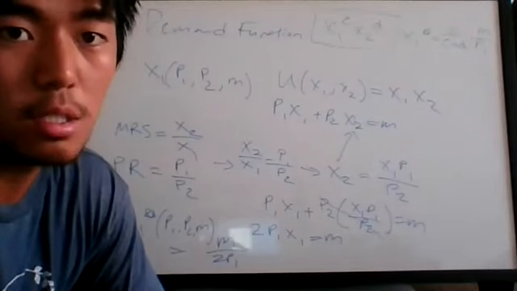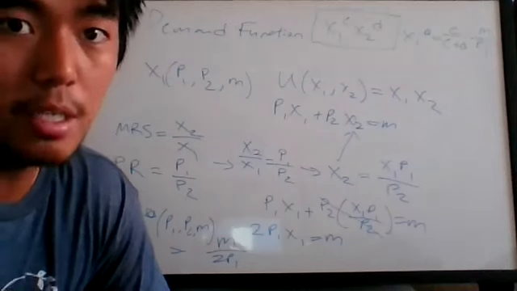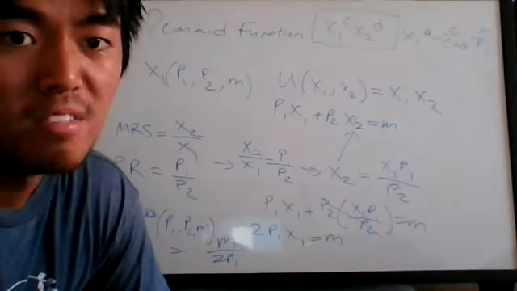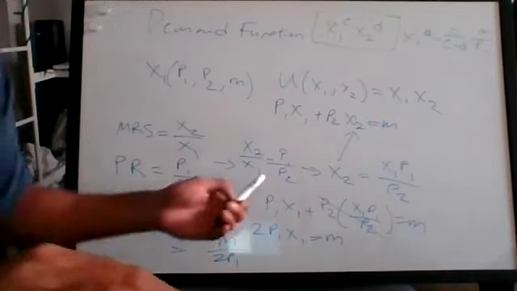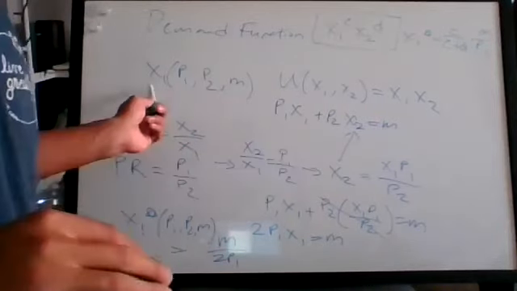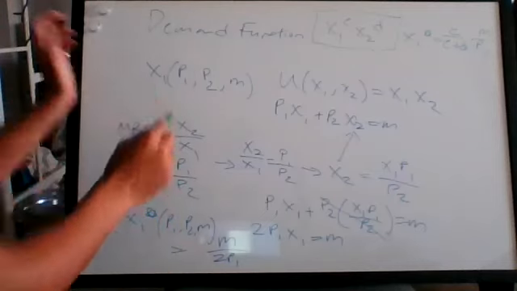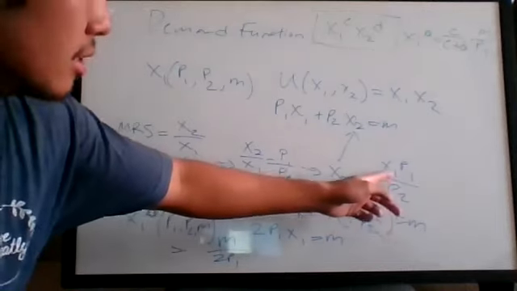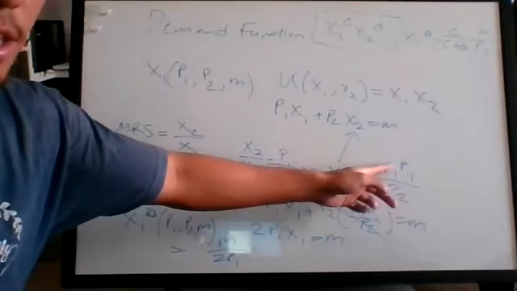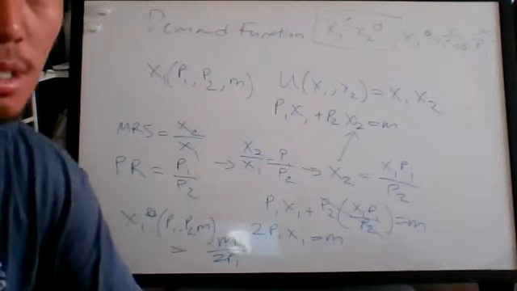Let's see questions. So to answer your question, Becky, yes. You isolate x1 or x2, depending on what you're looking for. If I was looking for x2, then at this point I would have isolated x2 into here, right? So that's a good question.